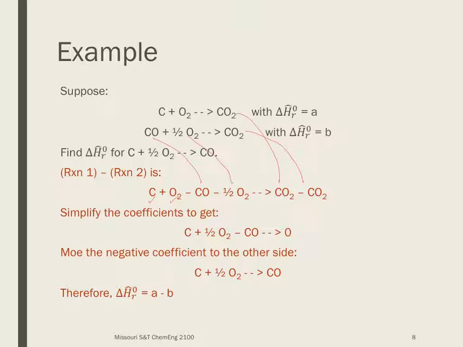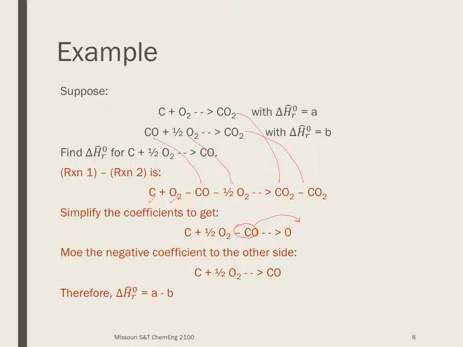If you simplify these, I have an O2 minus 1/2 an O2, so I have on the left-hand side carbon plus half an oxygen minus CO makes 0. And that's a 0, the quantity, not the oxygen atom. So the one with the negative coefficient, let's move it to the other side.